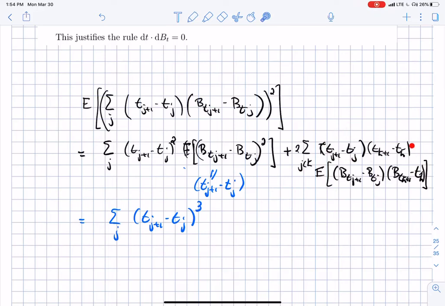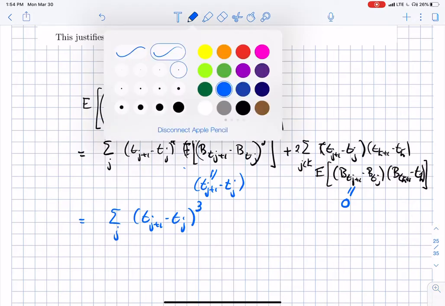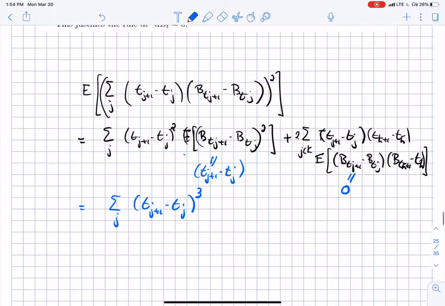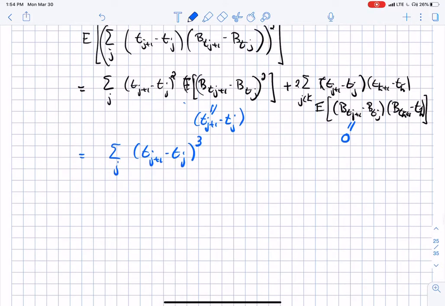And then for the other term, it's even easier because I have the expectation of two increments that are not equal. Increments are always orthogonal. In fact, they're independent for Brownian motion. And this guy is equal to 0. So this cross variation is just the sum over j of (t_{j+1} minus t_j) cubed.